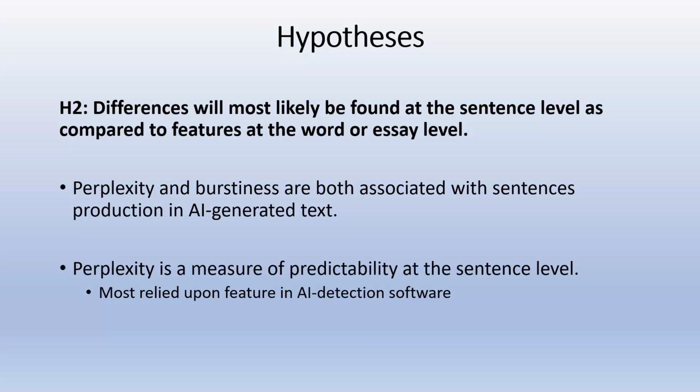And predictability and burstiness, meaning in this case at the sentence level, repetition of the same sentence structure, are very strong features of AI-generated text. And perplexity itself is the feature that AI detection software most heavily relies upon when determining whether a piece of text is more likely to be human or AI generated.